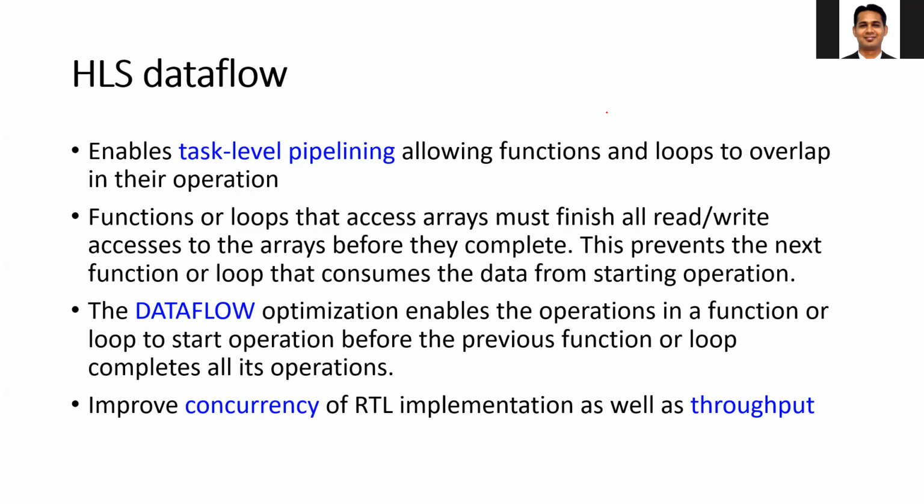So if you consider the example of A and B, it allows B to start the operation before A completes writing all its 256 locations. So it improves the concurrency as well as the throughput, because you will be able to complete the operation in fewer clock cycles.